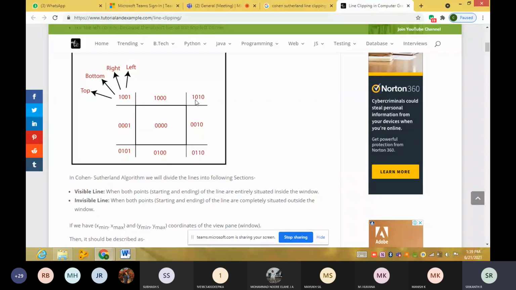This 1010 is got by the combination of 1000 and 0010. And this is got by the combination of the left and the bottom bit. This is got by the combination of bottom and right bit. Okay. This is how the window will be identified. Now let us see the problem.